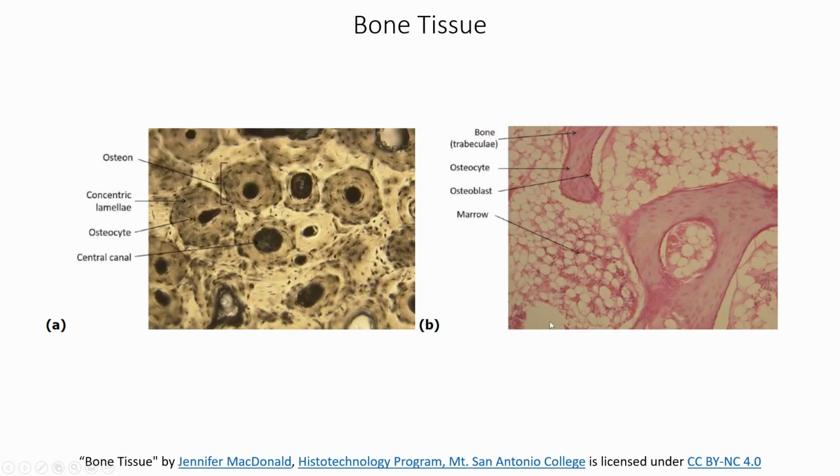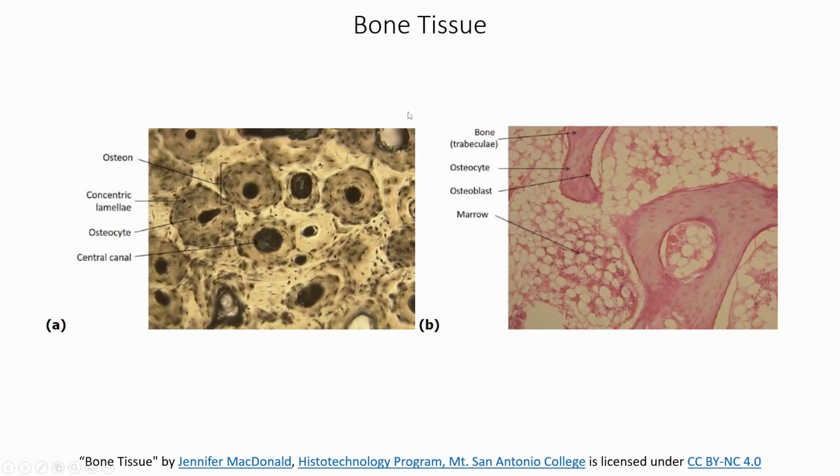We see the marrow around it, but the bone itself is the parts in that deeper pink. So there are things you might confuse with adipose tissue, but keep your eyes peeled for these little trabeculae of bone that make up the spongy bone. Keep that in mind when you're making that distinction.